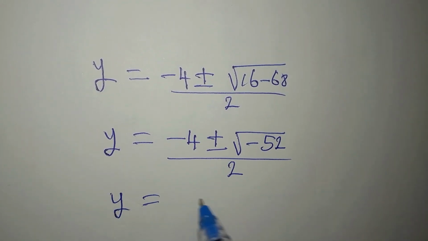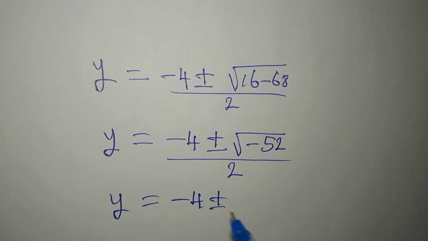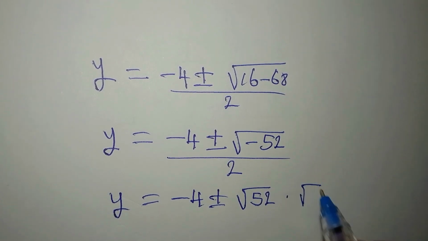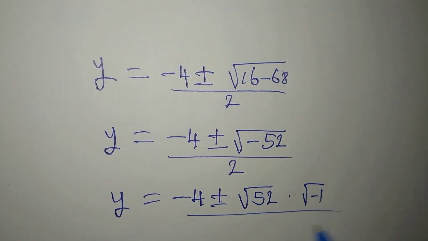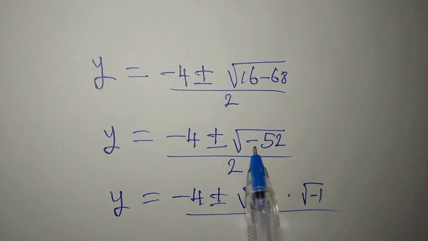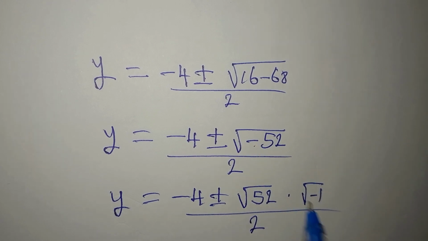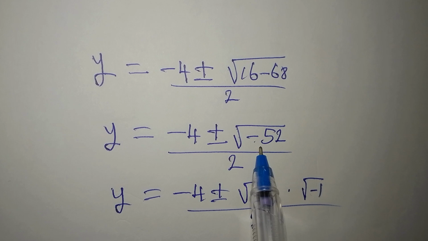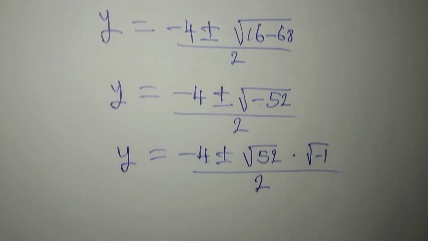Y now is minus 4 plus or minus square root of 52 multiplied by square root of negative 1, divided by 2. What I did is bring out the negative from here, so that we'll place it over here. If you multiply these two together, it will give us square root of minus 52.